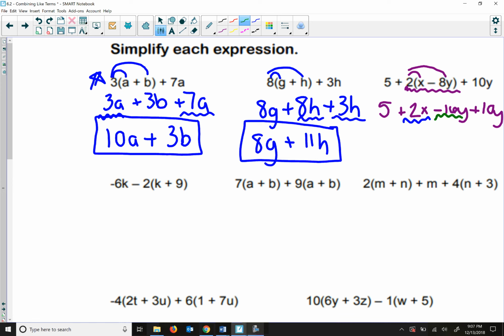I have negative 16y and I have 10y, but those are my only like terms. So if I go ahead and I start combining some of those, 5, there aren't any other constant terms, so I'm just going to leave 5 by itself. Then I've got 2x. Now I've got to combine negative 16 and positive 10 for a negative 6y.